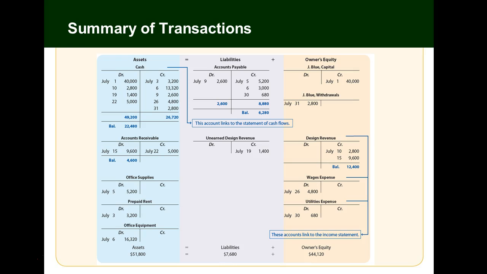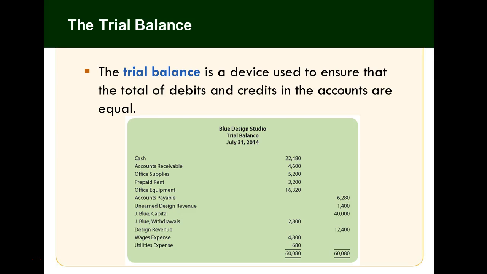If we take all those accounts and put them all together on one piece of paper, and we list our debits together, and we list all of our credits together, this is a trial balance.